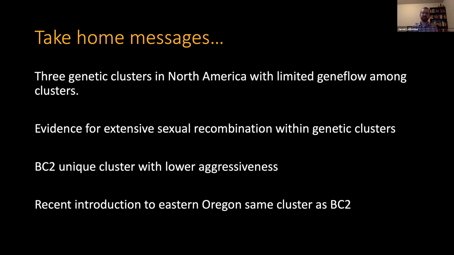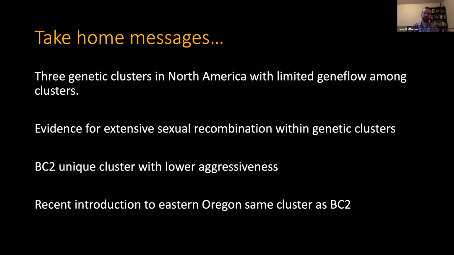There's evidence for extensive sexual recombination within these clusters. And then the BC2 cluster is really interesting to us because of its reduced aggressiveness and the evidence for the lack of these secondary metabolite clusters in that population.